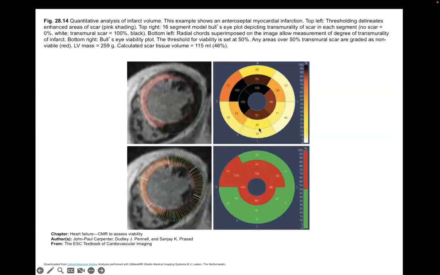The other thing that has been done is you can essentially integrate up the infarct volume and see if that is a predictive parameter for somebody's outcome. And as you might imagine, if your infarct is big and it encompasses, say, half of your heart, your prognosis is not as good as if it is a smaller infarct.